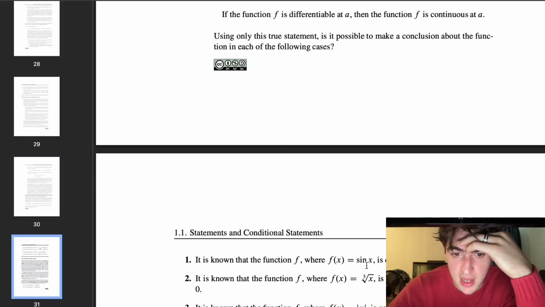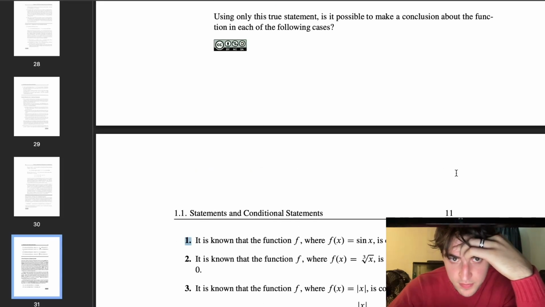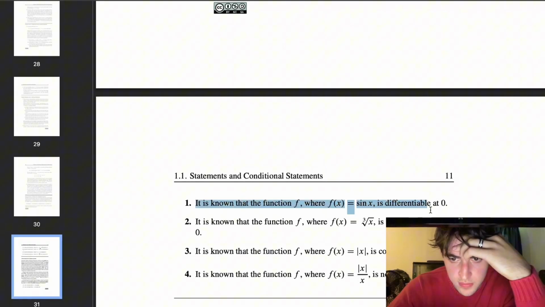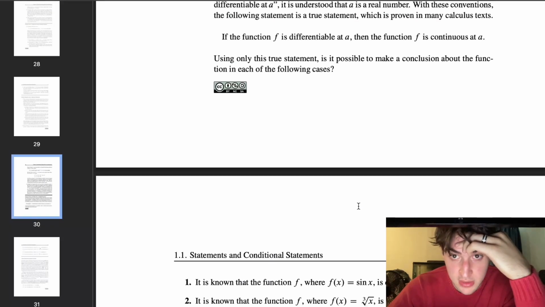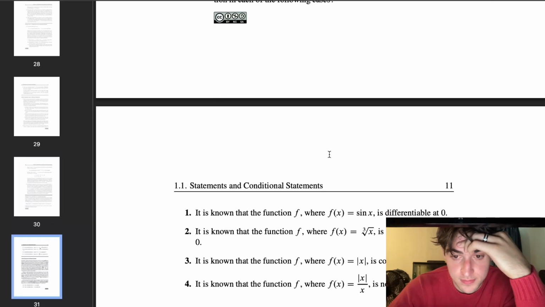If it's known, if this is true, if it is differentiable at 0, then yes, I can make the conclusion, given only that true statement, that the function is continuous at 0.